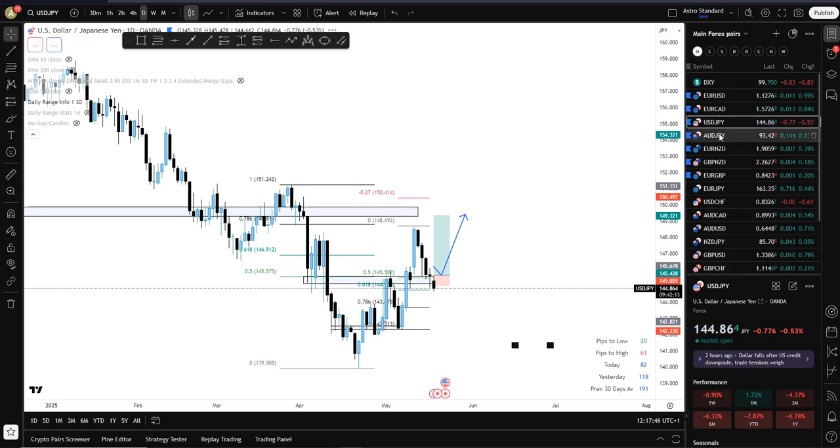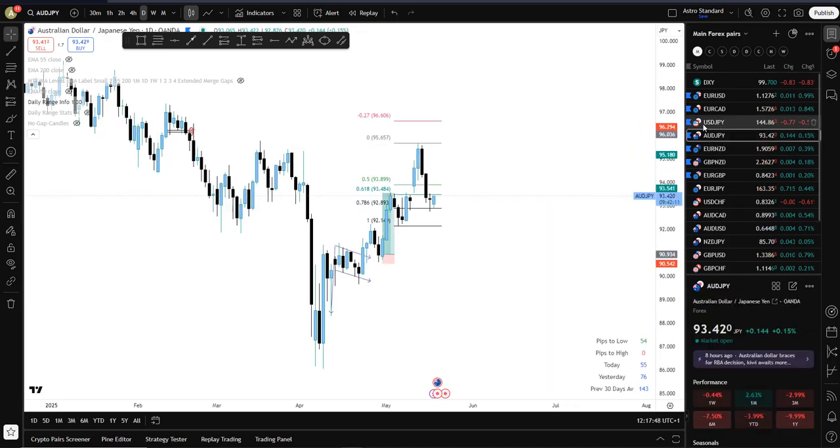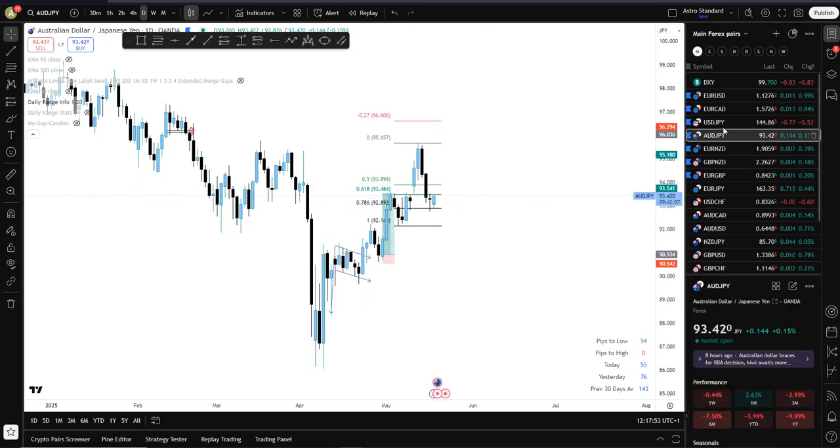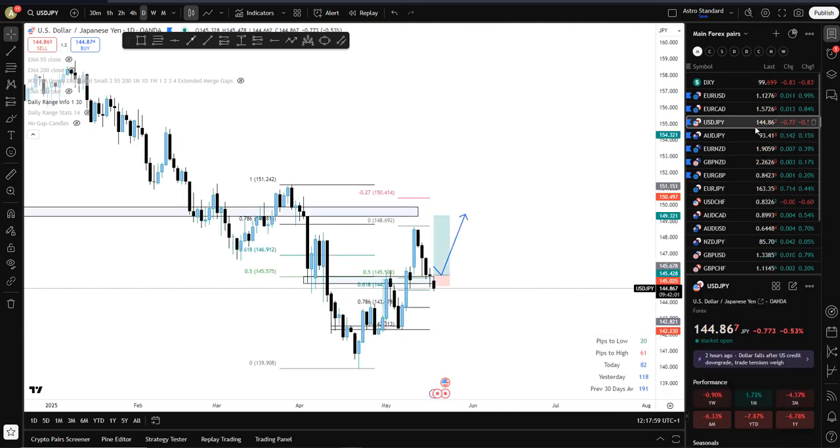Dollar yen and Aussie yen is pretty much the same. They are both going down. I mean, the Aussie is currently doing a little retracement, but usually with the yen pairs, as you know, if the dollar yen is going up, then the other cross pairs with the yen would also go up with it.